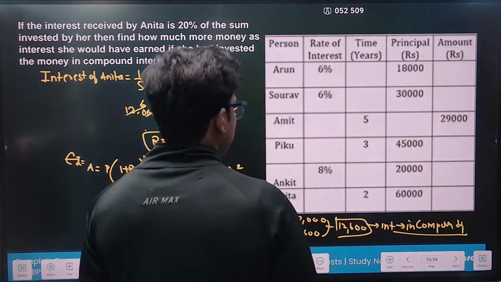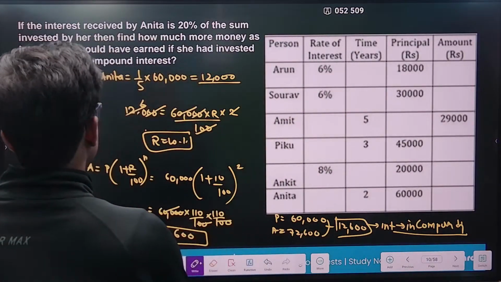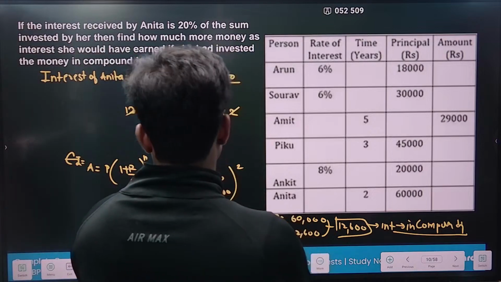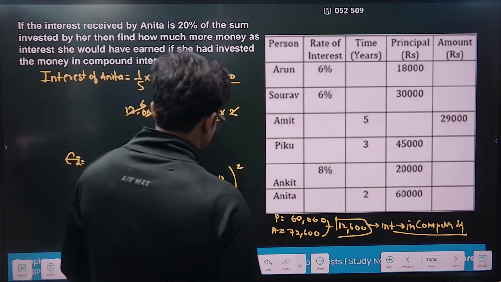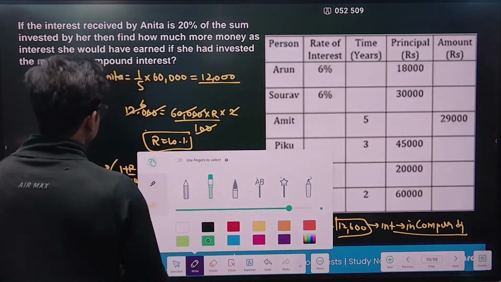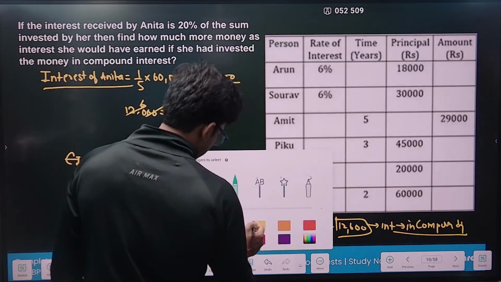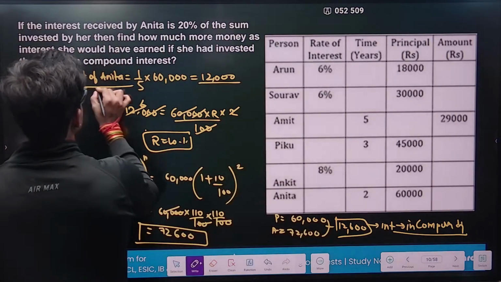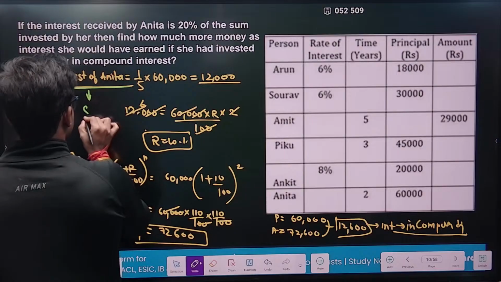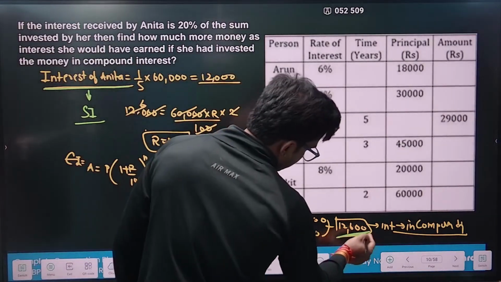So she would have earned this if she had invested the money in compound interest. How much more money? If she invested money in simple interest, which is this one, this is basically SI, and this is basically CI.